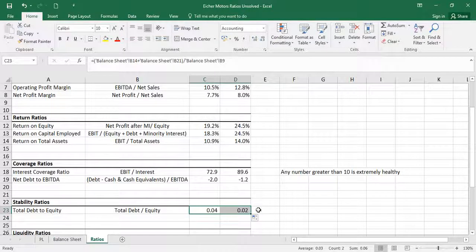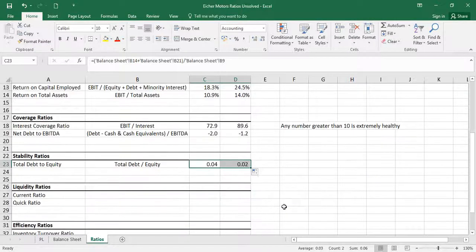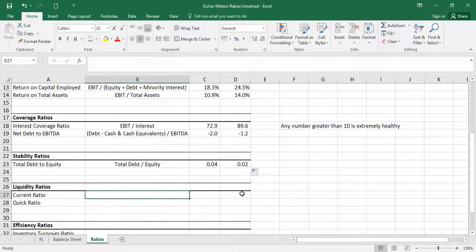Compared to their equity, the debt is very low, so for all practical purposes, fairly stable as a company. We don't need to worry too much about the debt numbers as such. So on stability and coverage ratios, this particular company is not in too much of a concern, so we are okay with this. What we do need to look at is liquidity ratios, which is current and quick ratio kind of numbers.